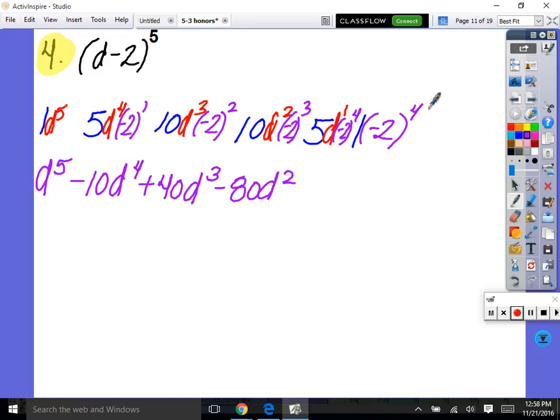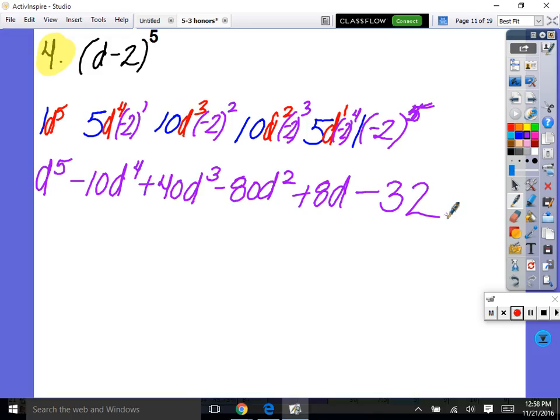This is negative 2 to the 5th. That makes better sense. What's negative 2 to the 4th? Positive 16. What's 16 times 5? Yep, positive 80, and that was d to the first. Then negative 2 to the 5th is negative. Notice: positive, negative, positive, negative, positive, negative. All good here.